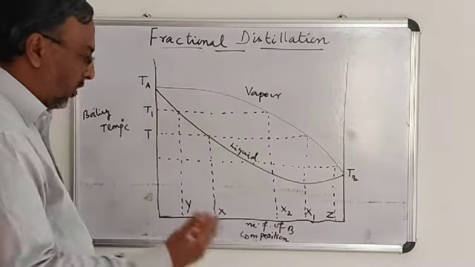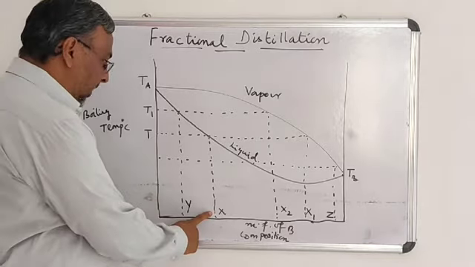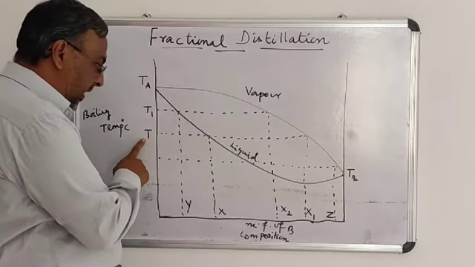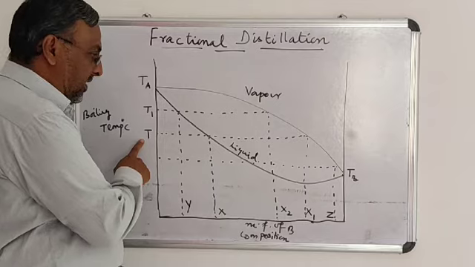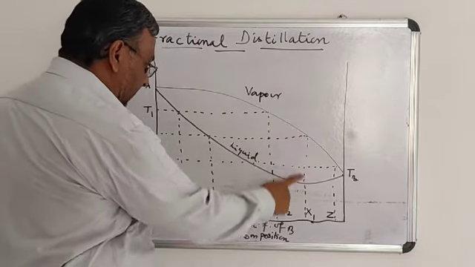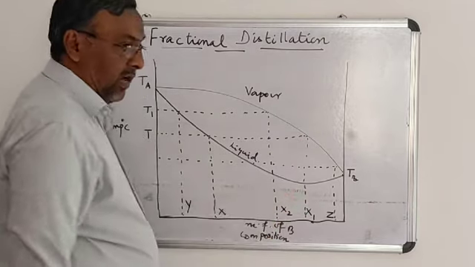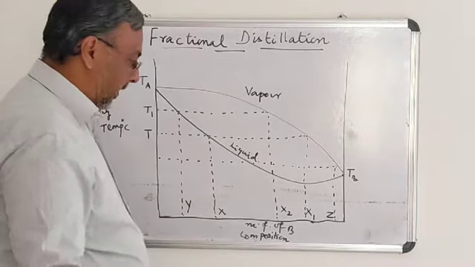So when the solution of composition X is heated, it will boil at a temperature T. At that temperature, the vapors collected will have composition X1, which will be rich in B.